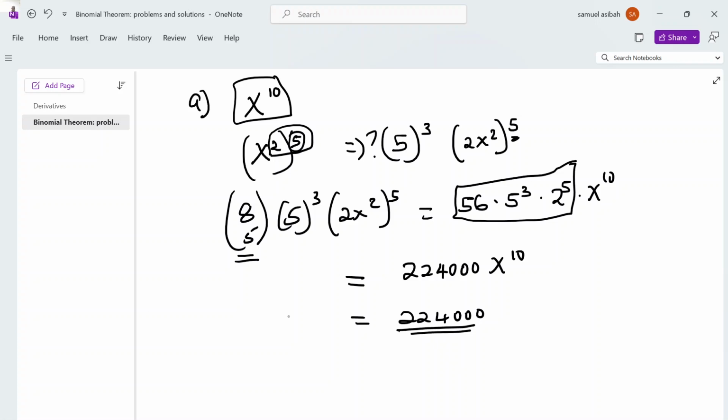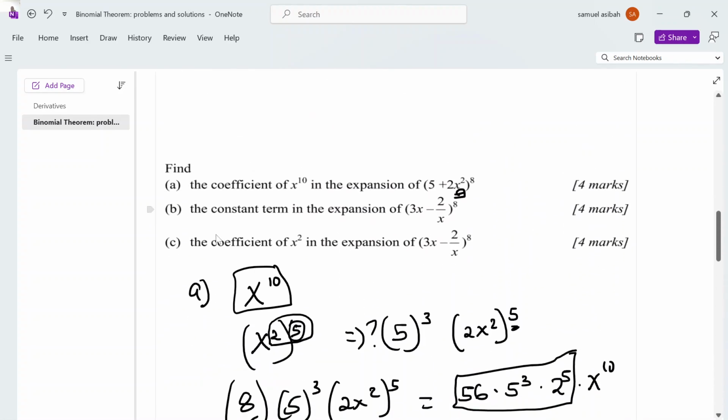When you come to B, let's see the experience in B. What they want in B is the constant term in the expansion. In this case, we have 3x and we have x, so we have x on both sides.